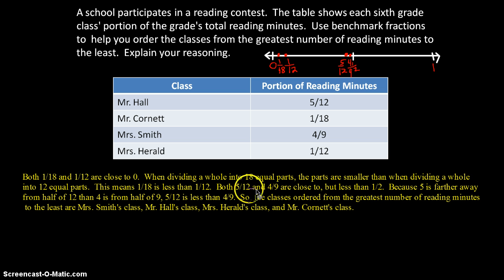Both 5/12 and 4/9 are close to but less than 1/2, because 5 is farther away from half of 12 than 4 is from half of 9. 5/12 is less than 4/9. So, the classes ordered from the greatest number of reading minutes to the least are Mrs. Smith's class, Mr. Hall's class, Miss Earl's class, and Mr. Cornett's class.